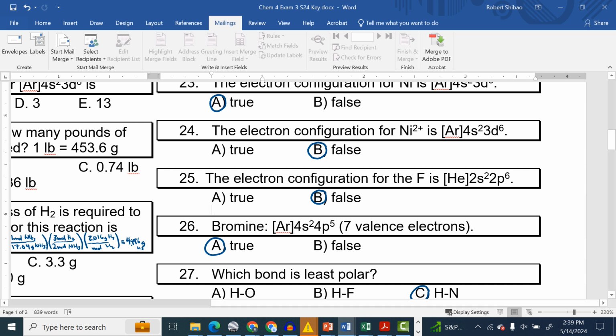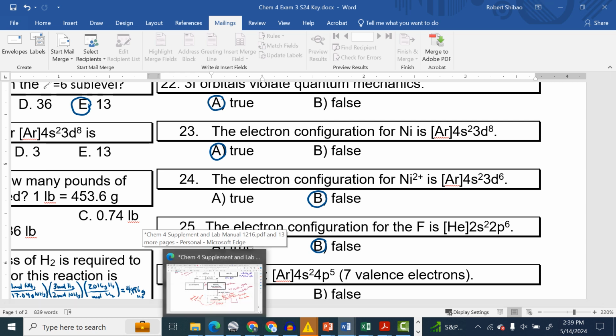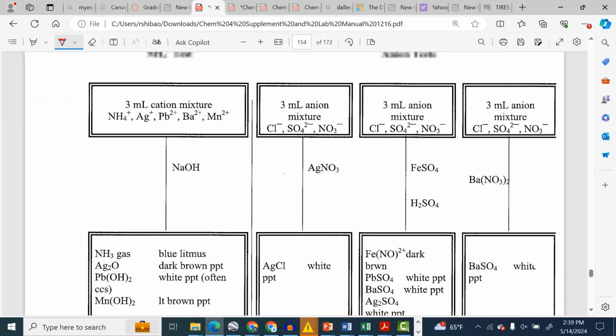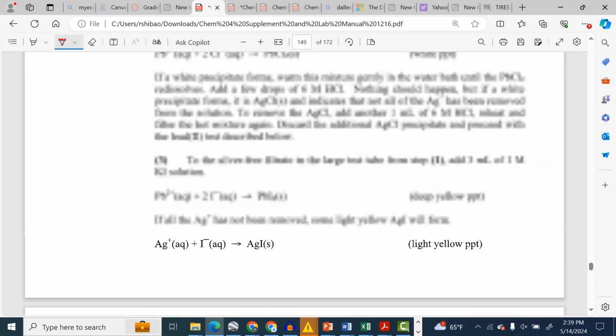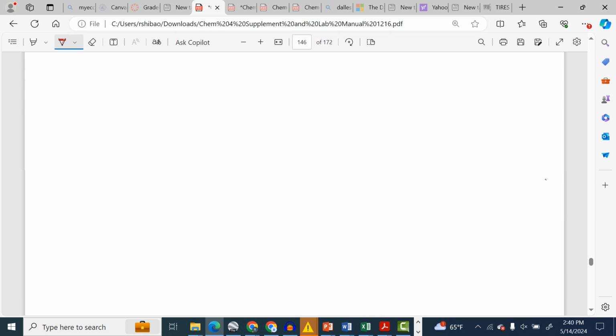All right, any other questions? I had a question regarding experiment 10, the titration.